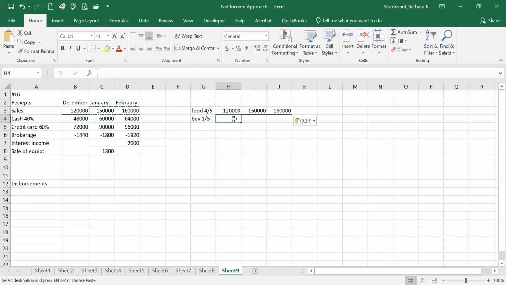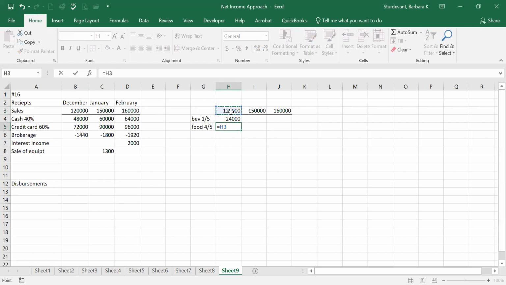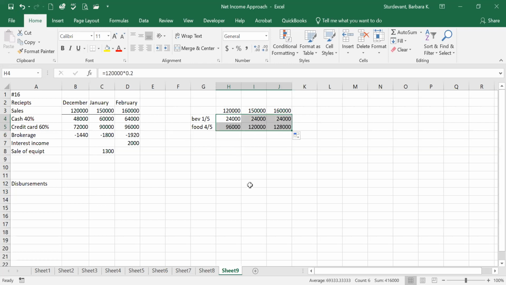So 1/5 of it, or 20%, would be beverage. And then food would be 4/5. So times 0.8. And so that splits our sales.